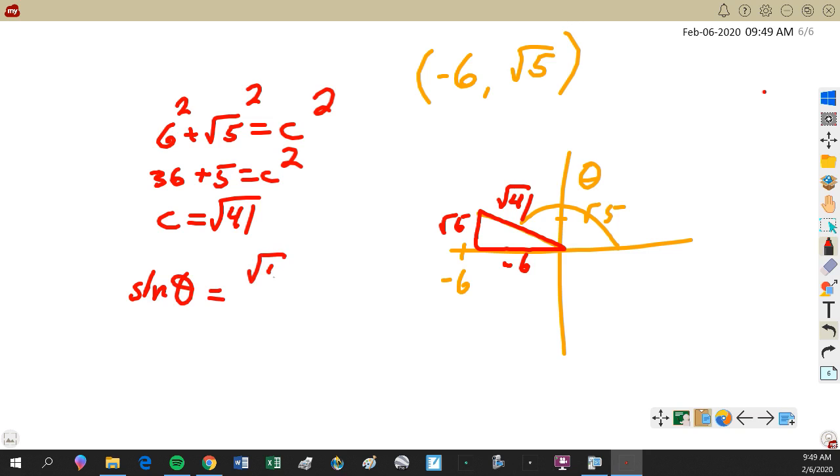So that's the square root of 5 over the square root of 41. I'm not allowed to leave square roots in the denominator. So I multiply by the square root of 41 over the square root of 41. And the bottom just becomes 41. And the top becomes 5 times 41, which is 205.